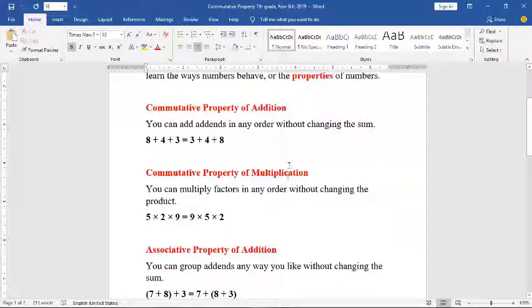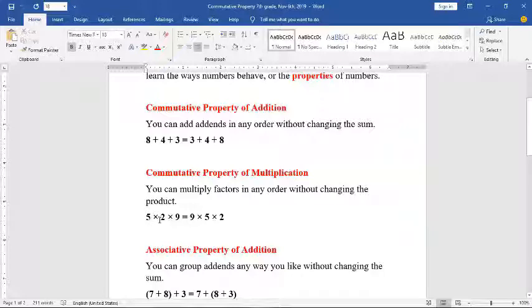Let's see for multiplication: the commutative property of multiplication. You can multiply factors. Factors are the members in a multiplication problem. 5 is a factor, 2 is another factor, 9 is another factor. So you can multiply factors in any order without changing the product.